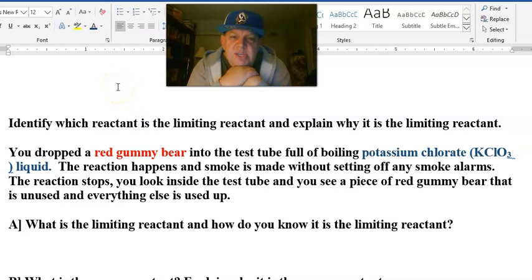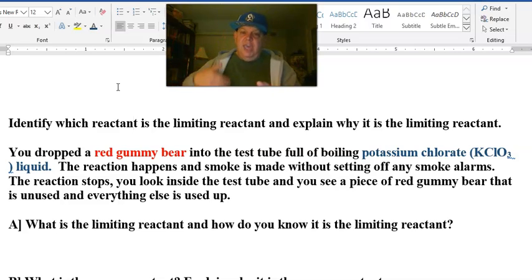Those are the two things in that test tube. Now you've got the flame underneath, heating up the test tube. That's part of the reaction, but it's not a reactant. You're just adding heat to make the reaction happen.